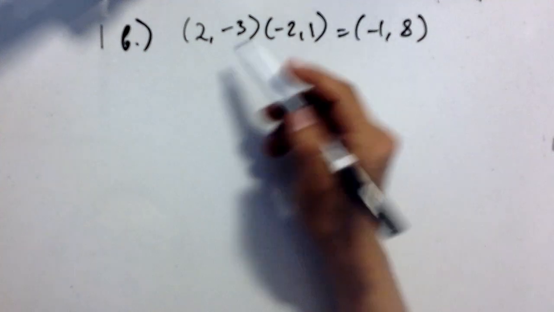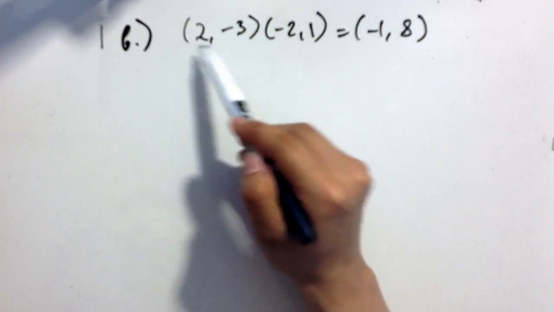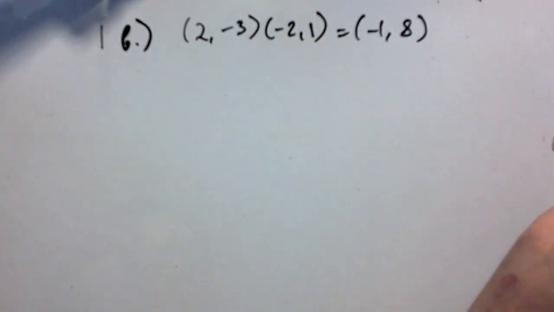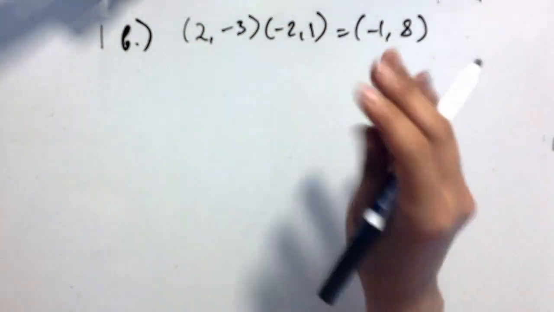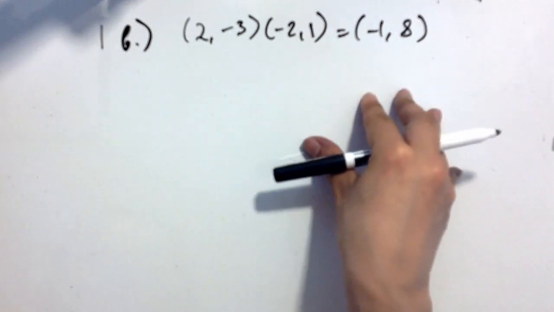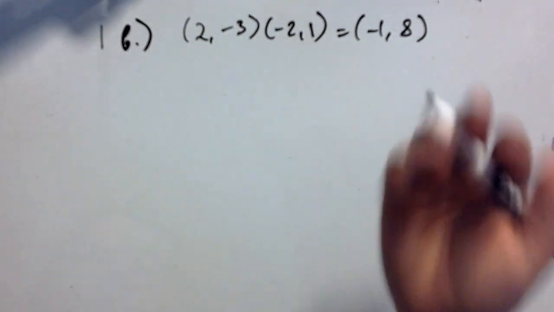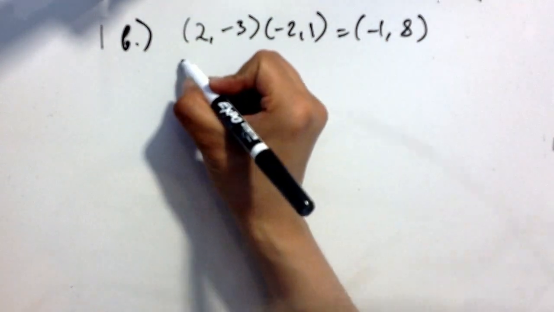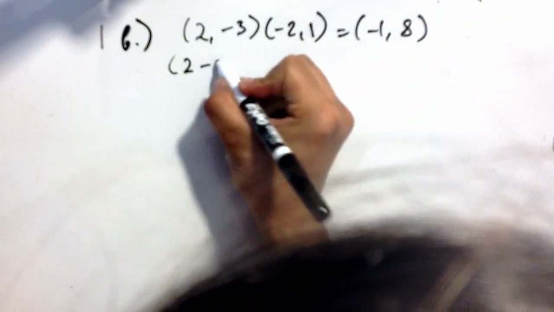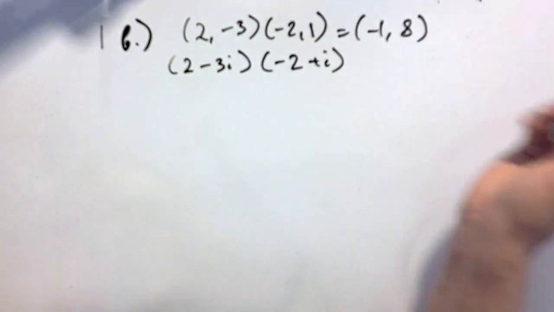Part B asks us to show a relation that is written in coordinate form. In this case, since it's much easier to deal with the imaginary number being multiplied than the coordinate form, I will first convert it. So I'll have here 2 minus 3i, then minus 2 plus i.